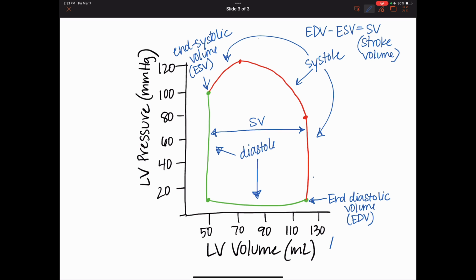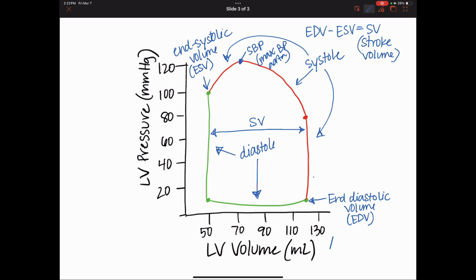And the last 2 things we need to look at are pressures that we can identify on the PV loop. So systolic blood pressure is this point here. So systolic blood pressure is the maximum blood pressure in the aorta during systole. And if you looked at a Wigger's diagram, you would see that it would correspond with this point right here, systolic blood pressure.